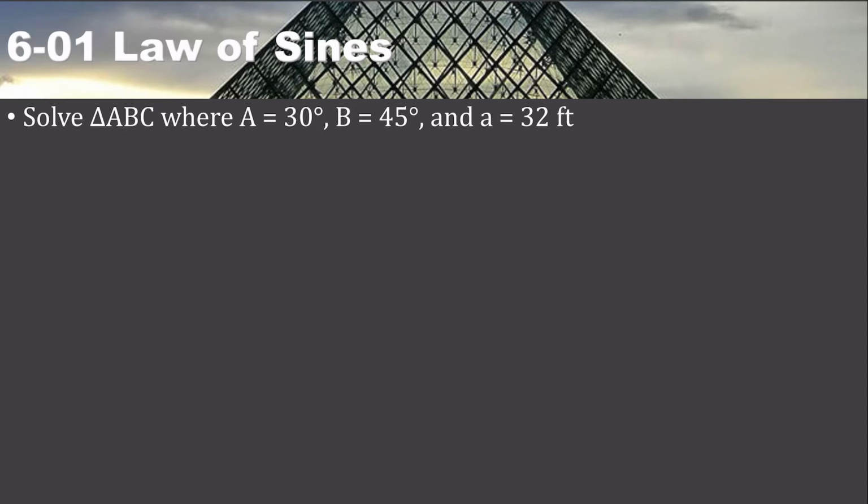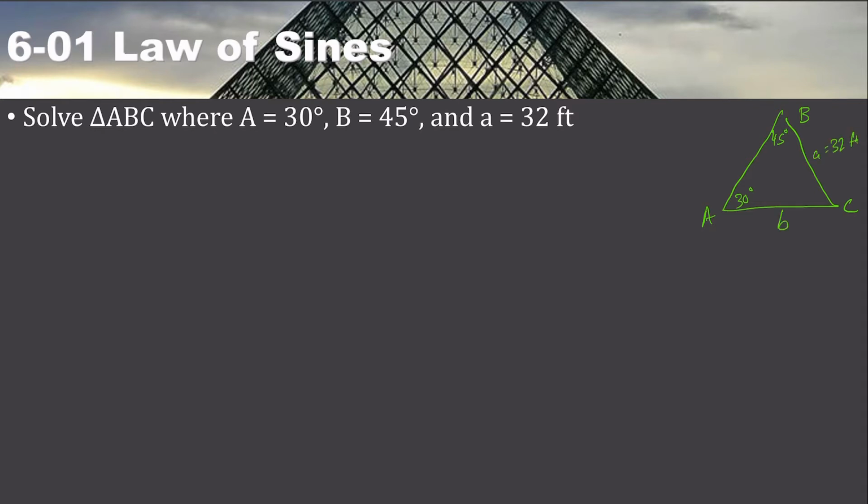So let's solve a triangle where angle A is 30 degrees, B is 45 degrees, and side a is 32 feet. It might be useful to have a triangle. Call this A, B, C, 30 degrees, 45 degrees, and this would be side a, which is 32.